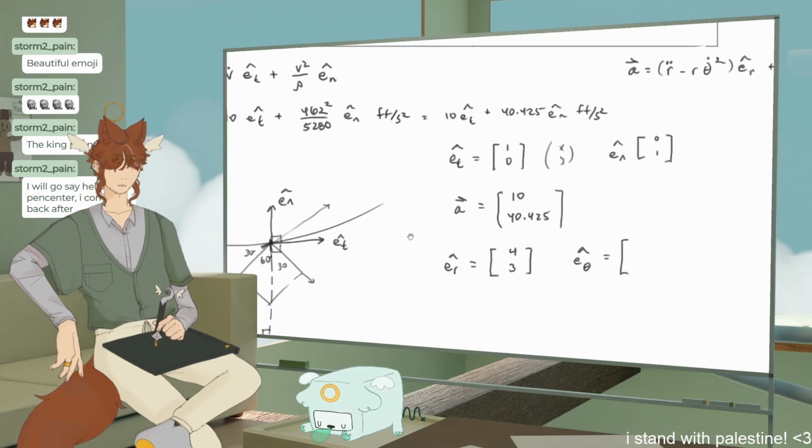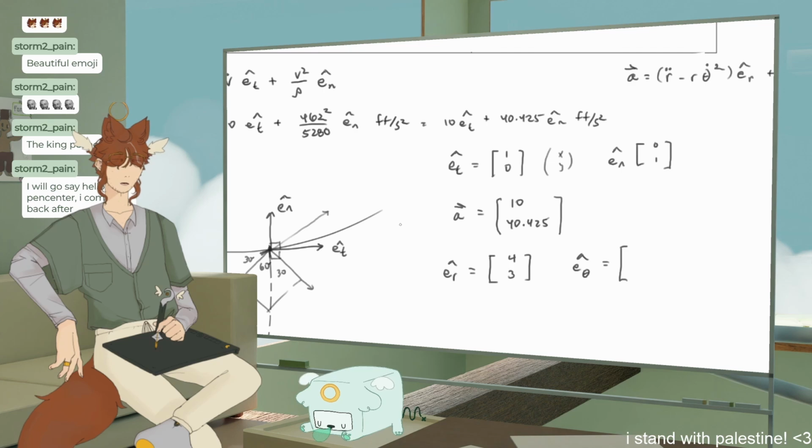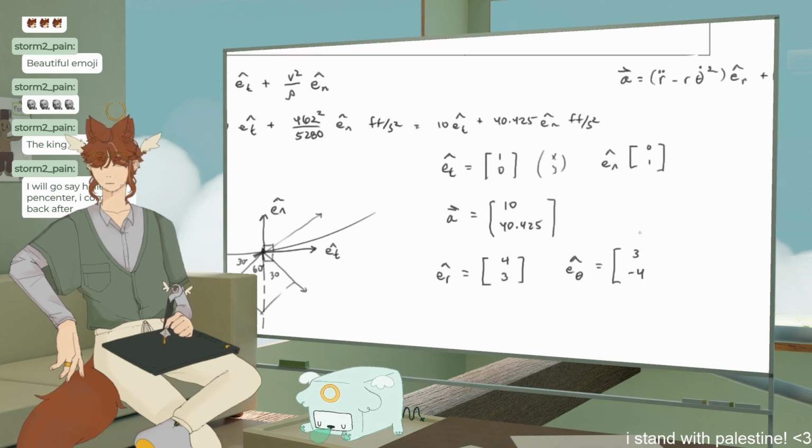If it's 30, then we could say, for 3x you go up, 3x over, you go down 4y, I think.